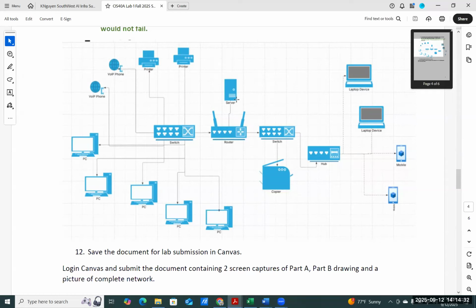It's like having two gates, right? Your router is a gateway and there's another gateway. Sometimes they do that, right? But it's redundant. So I would take that server and connect it to one of the switches, either this one, or you can add another switch and add the server to it, which is more ideal.